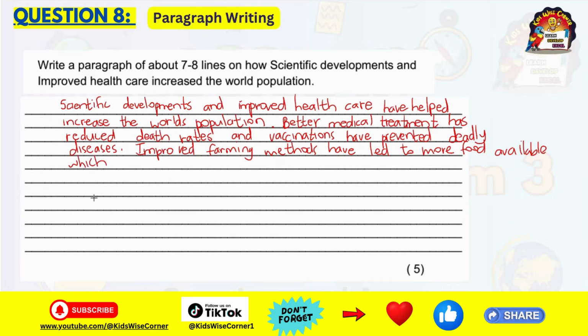And if you have more food available, this prevents hunger and malnutrition.